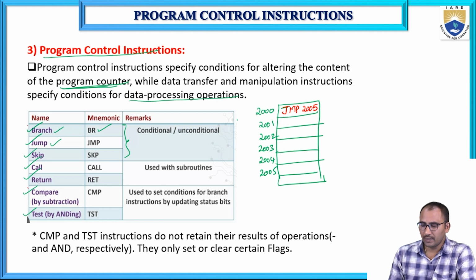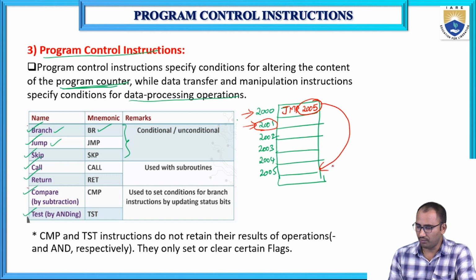So actually, when the program is executing, first it starts with the first instruction, 2000. After executing, the program control will be shifted to the next instruction, 2001. But here, instead of going to the next address, that is 2001, the program control is shifted to 2005.